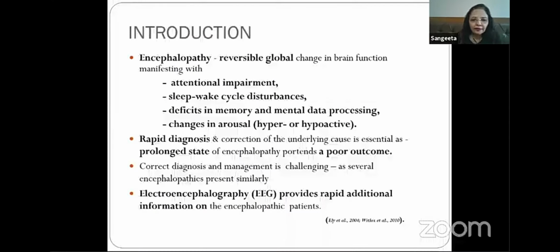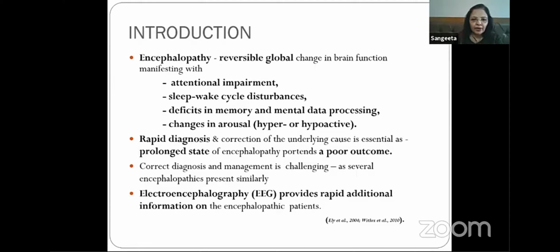What is an encephalopathy? Whenever you consider metabolic conditions, you always think that encephalopathy is the most common presentation for any metabolic abnormality. Encephalopathy is defined as a reversible global change in brain function, which may manifest as attentional impairment.